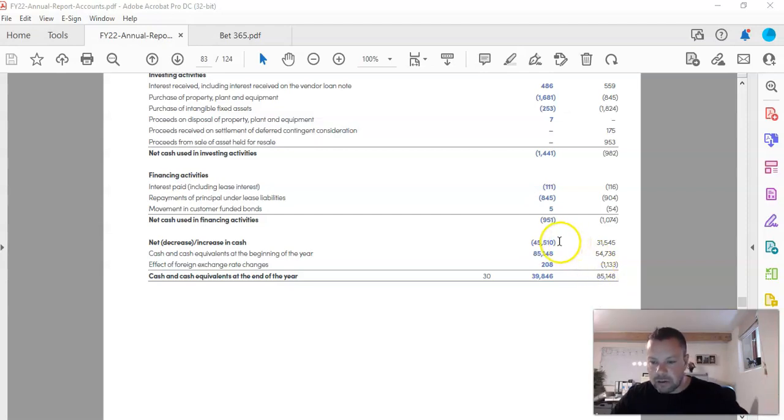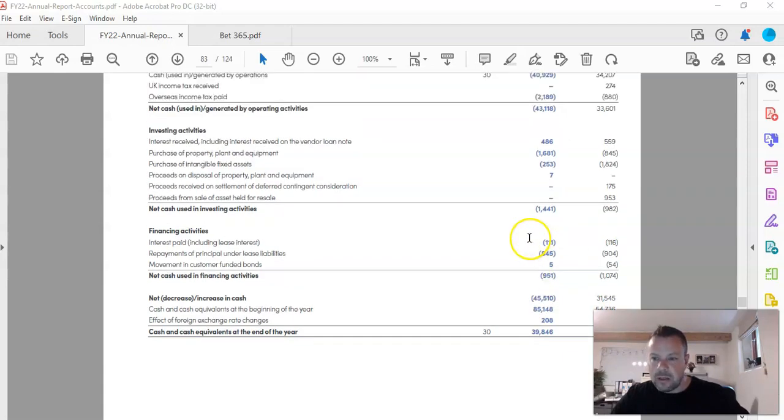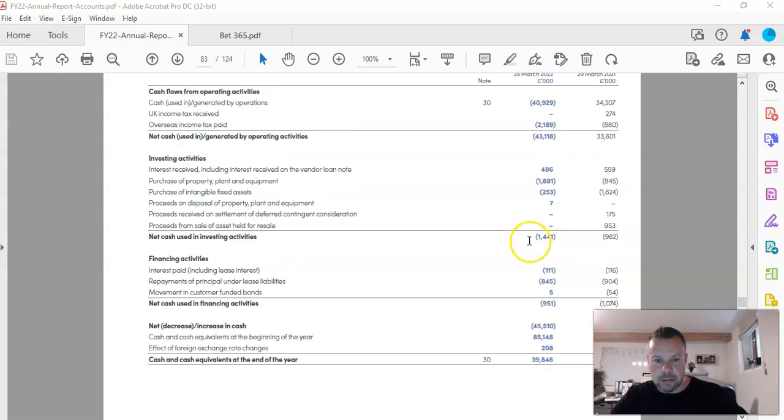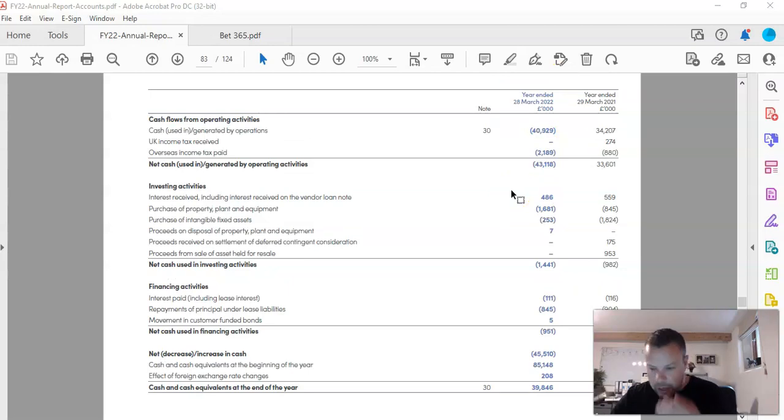There's a net decrease in cash of £45 million. And the information above will explain that. And actually, a lot of it is from their operating activity. And that'll reflect the fact that as people have come out of the pandemic, they've potentially been living in a slightly different way. And there might have been a dip in cash flow into the Naked Wines business.